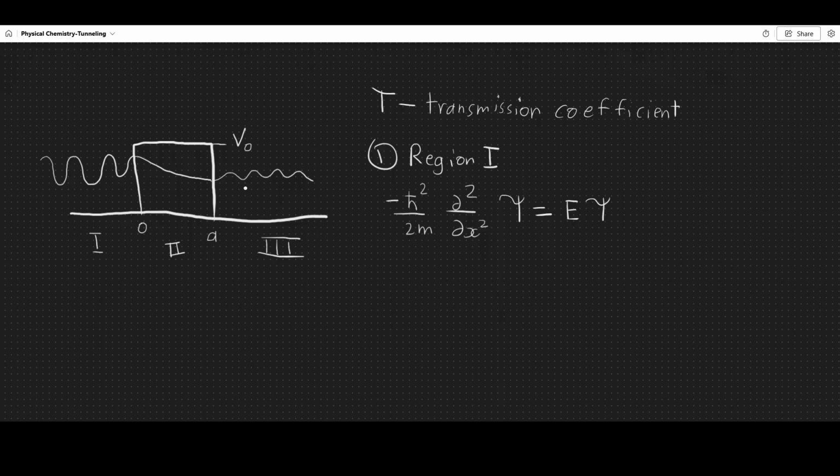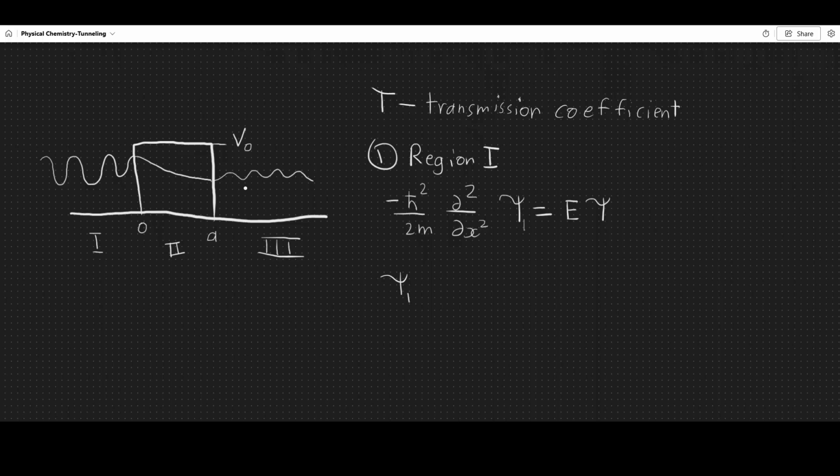And if we solve this, you can see something similar to what we saw in the free particle in 1D. If you want, you can reference that video, but essentially what we're going to see is that it has to be e to the plus or minus ikx. There I just wrote plus or minus, but here I'm going to write it all out. So we're going to have psi, and I'll denote it psi 1.